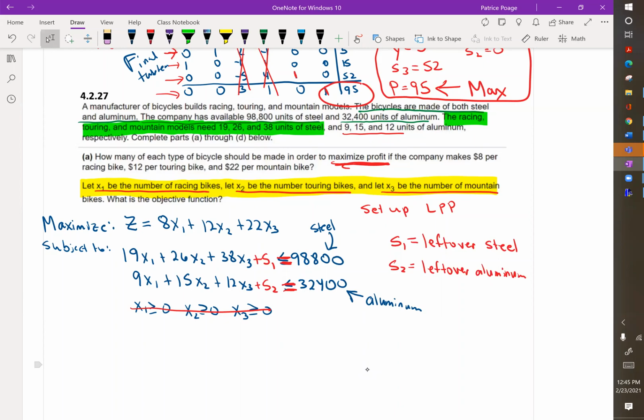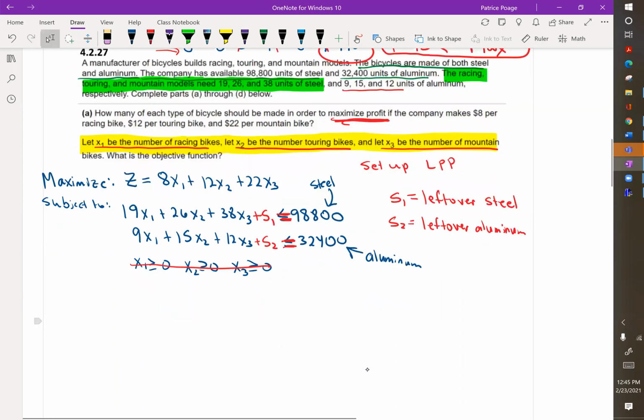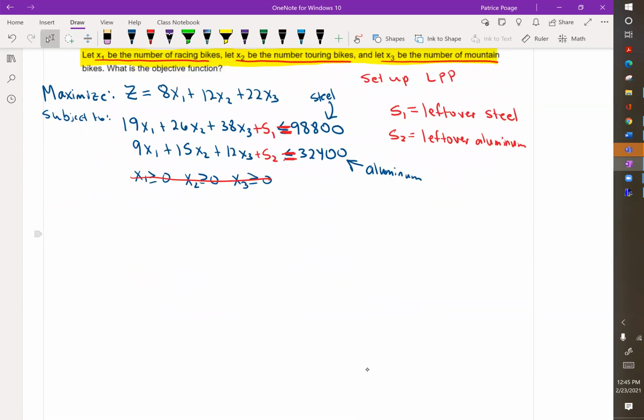Once you rewrite those using slack variables, you then want to move everything in your objective function over to the left side. So I'm going to subtract these all to the left, and I'll have negative 8x1 minus 12x2 minus 22x3 plus z equals 0. So now I can set up my initial tableau. I'm going to write out my variables.